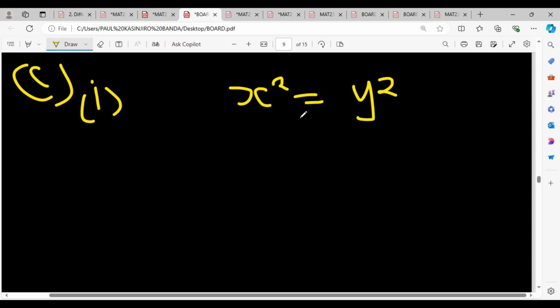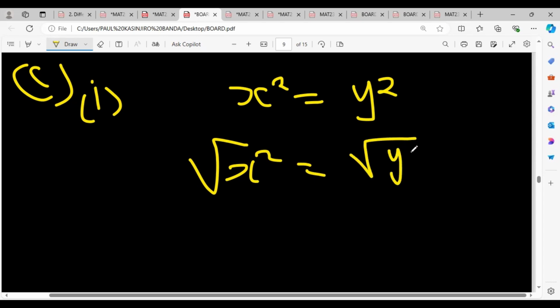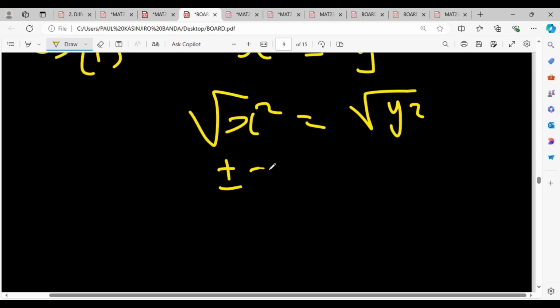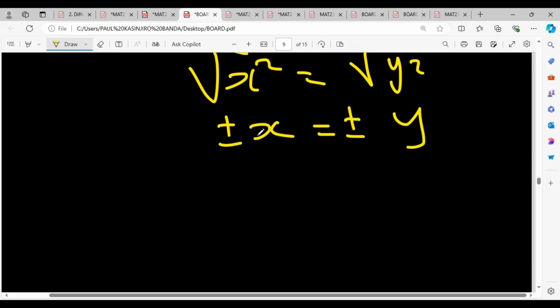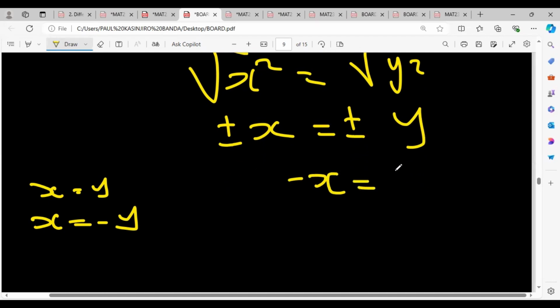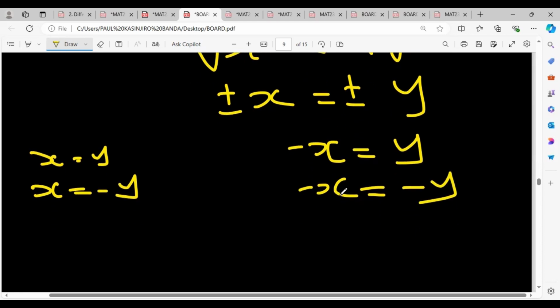We can take the root of both sides. If I take the square root of X squared, and here I take the square root of Y squared, it means plus or minus X is equal to plus or minus Y. If I take the positive X, combined with the positive Y and the negative Y, X is equal to Y, and the other one will be X is equal to minus Y. If I take the negative X, we have negative X is equal to Y, and the other one will be negative X is equal to minus Y. So minus X equals minus Y is the same as X equals Y, and X equals minus Y is the same as minus X equals Y. These two are the same, and those two are the same.